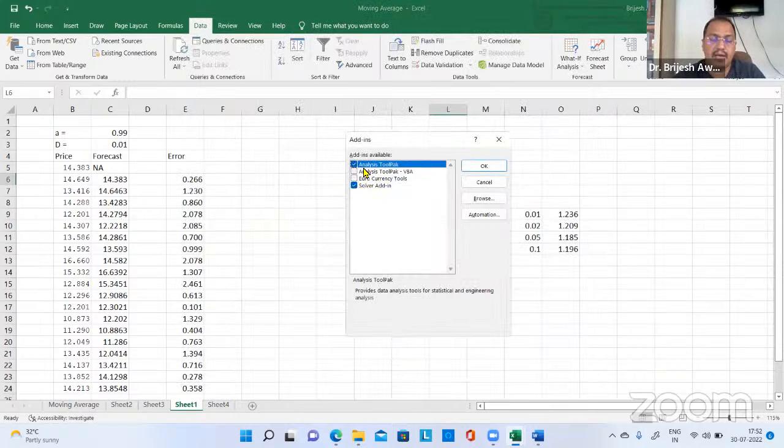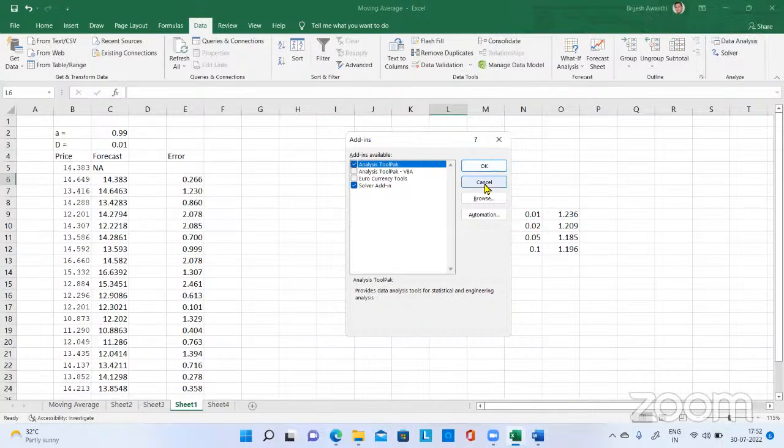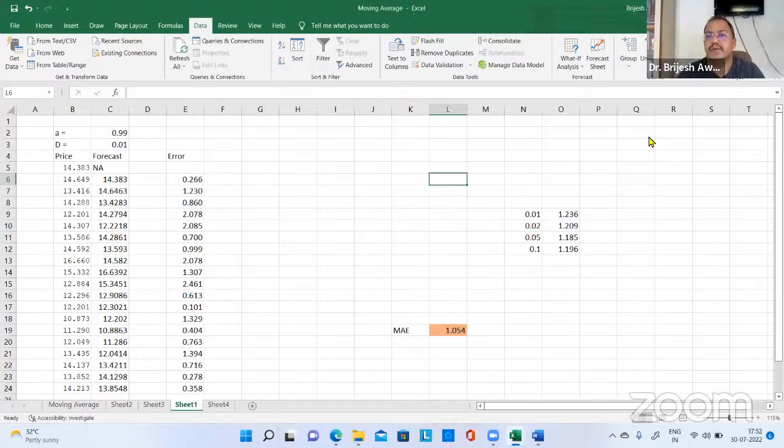Earlier you installed the analysis tool pack, this time you just take the solver add-in. Yes or no? Okay, sir. And click OK. You will find solver here.